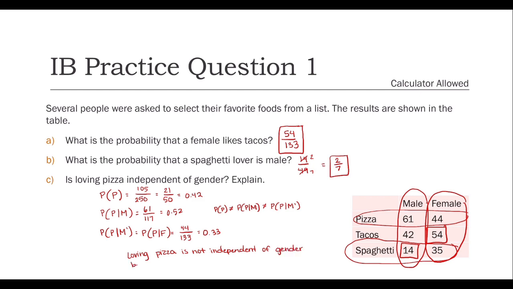And this is because the probability changes if we know the gender.